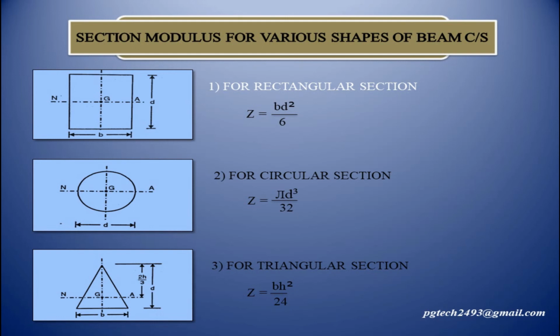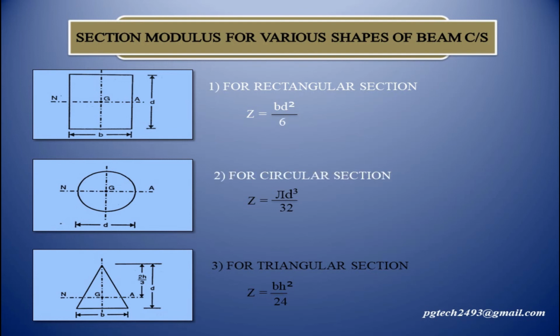Also, distance of extreme fiber from the neutral axis for rectangular section Y max equals D by 2. So we have the equation Z equals I by Y max. After putting these values in the equation, we get BD cube by 12 divided by D by 2. After solving this equation, we get the section modulus for rectangular section as Z equals BD square by 6.